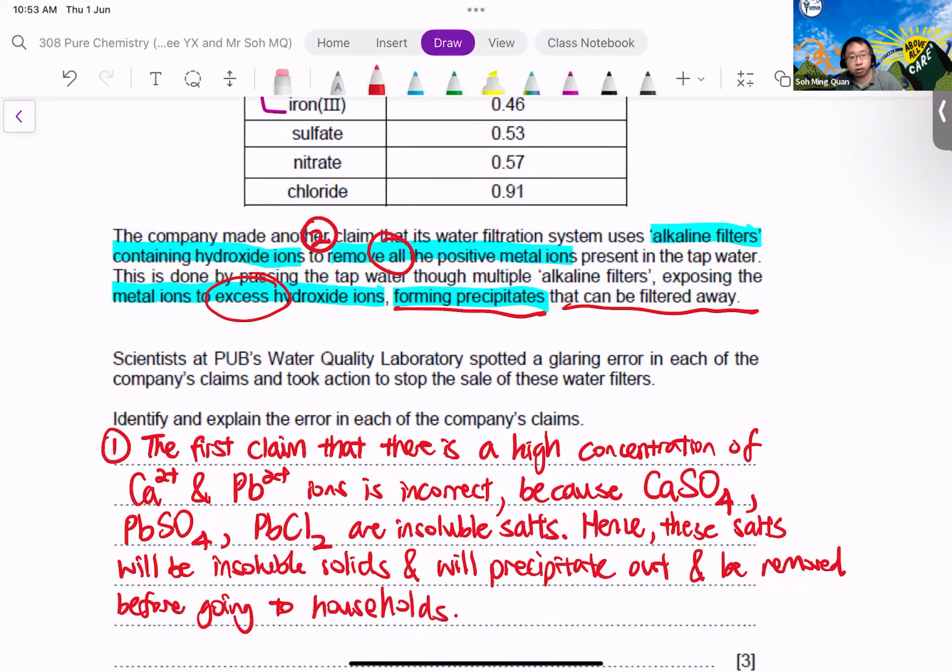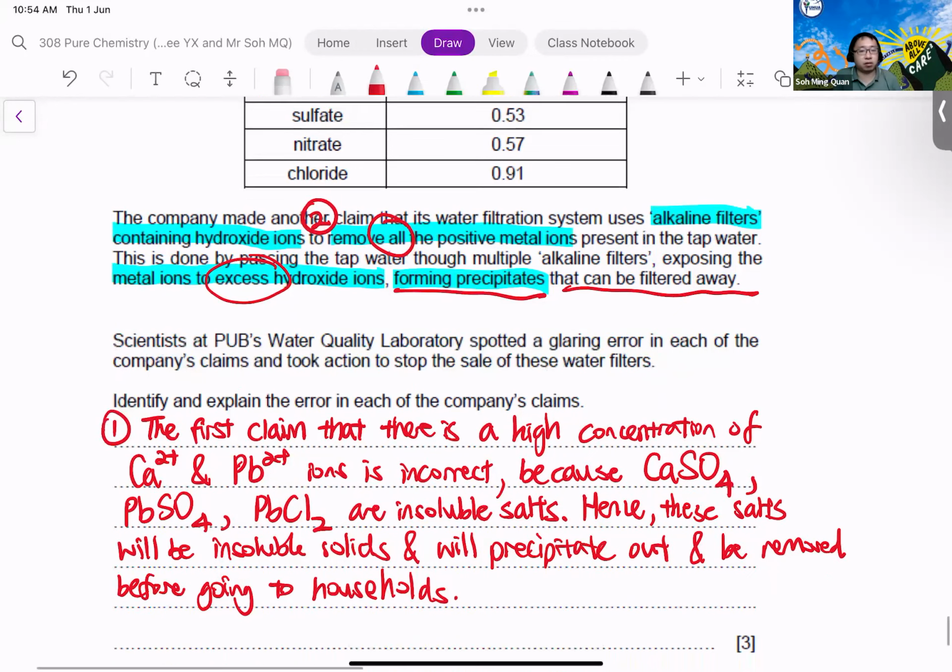Remember, this is household tap water. That means it has already been purified through all those steps. If it's insoluble, it would have been filtered away long ago in step 4, filtration. It wouldn't even have reached the household tap water. Household tap water means at the end of step 10, so how can these ions still be present? In step 4, these ions will have precipitated out together with the sulfate and chloride, and they are filtered away already, removed by filtration. So the first claim is not correct.